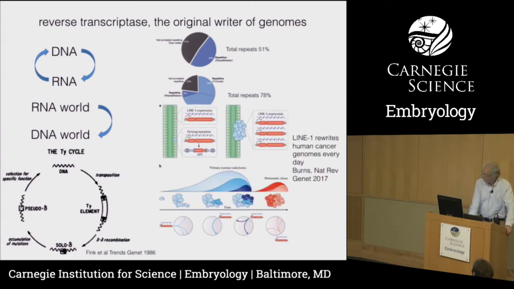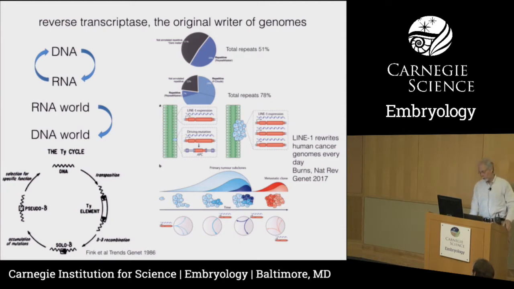And then my colleague Kathy Burns across town and others have shown that in a subset of human tumors, this enzyme very actively produces new copies, and there are these somatic insertions that occur in cancer cells.